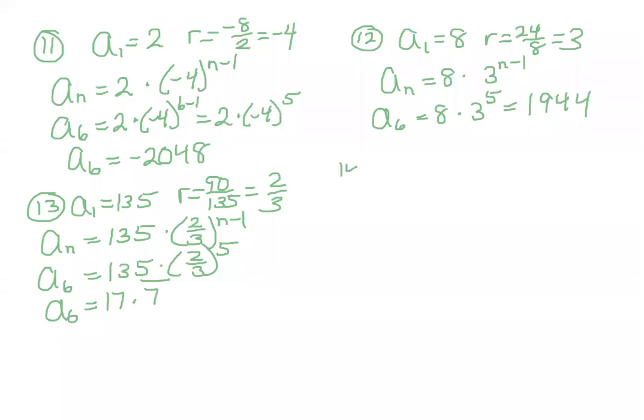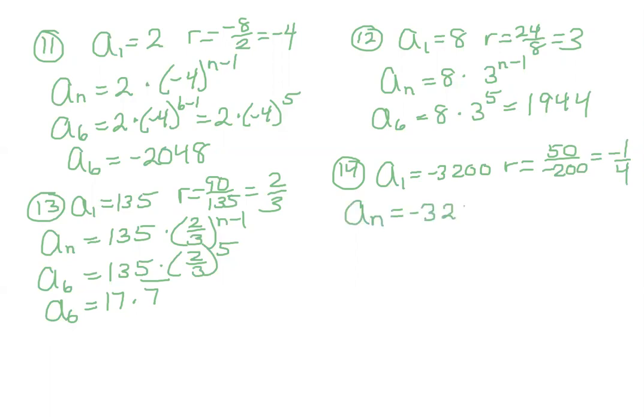And the last one of these, number 14, A1 is -3200, and for R, I'm going to choose to use some terms farther down because it's going to be easier for me with smaller numbers, is -1/4, but it doesn't matter. You can use any two consecutive terms.